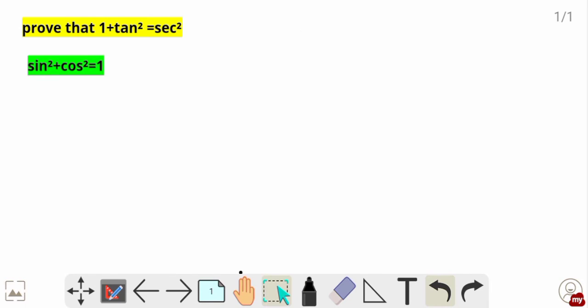So guys, now we have to prove that 1 plus tan square theta is equal to secant square theta. So in previous we have discussed about sin square plus cos square theta is equal to 1. So from this formula we can prove this one formula.